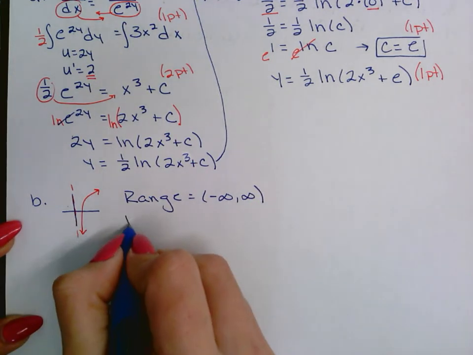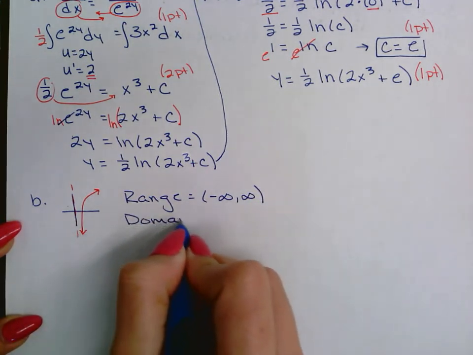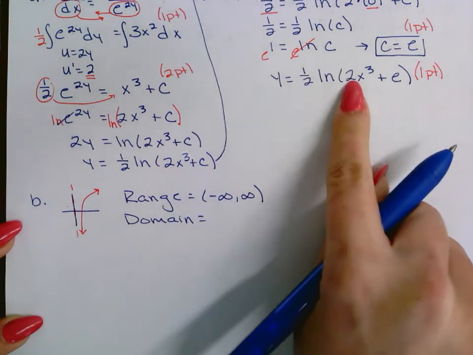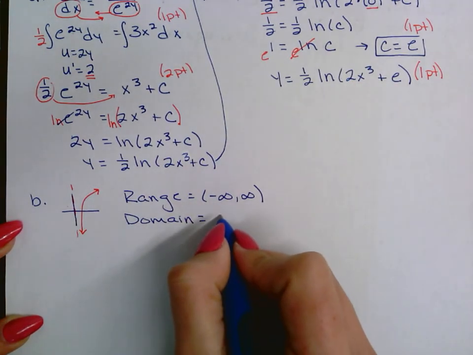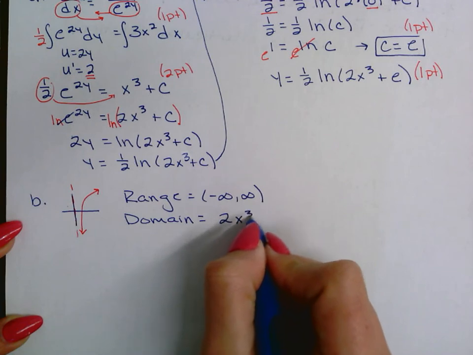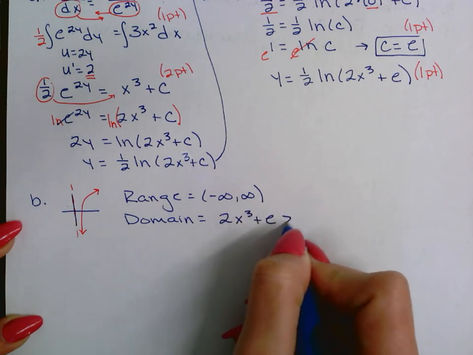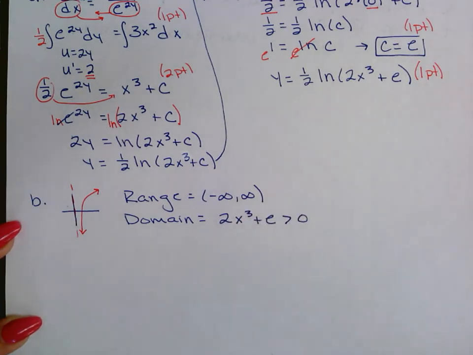Now for domain, remember that the inside of an ln always has to be positive. So set yourself up a little inequality to mean positive. Okay? And once you isolate x, you will have your statement for the domain.